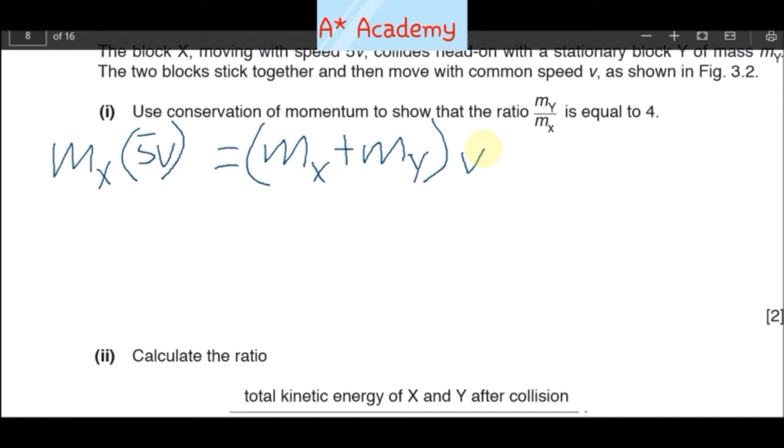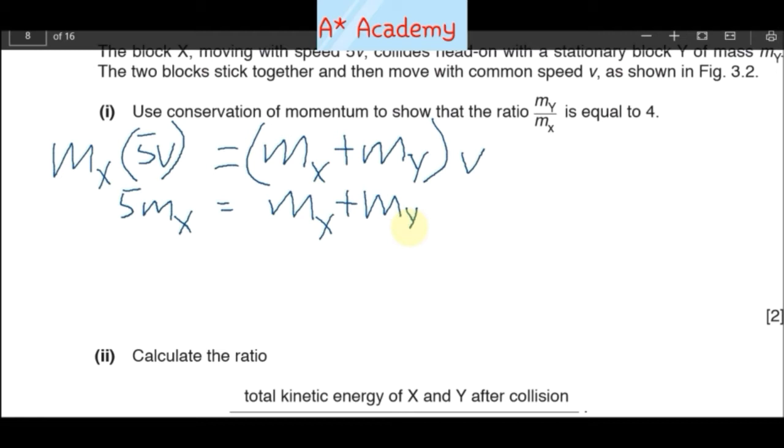Since we have v on both sides of the equation, the v's can cancel out and we'll be left with 5mx equals mx plus my.